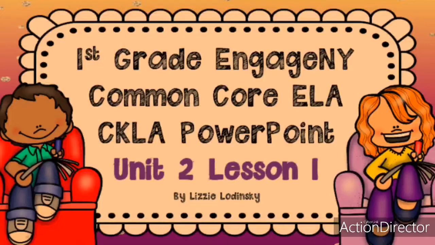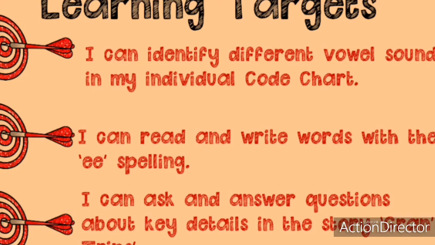And for our first lesson today, we're going to be looking at some vital, important things which I believe you will love to know. At the end of today's lesson, I want you to understand that I can identify different vowel sounds in my individual code charts.